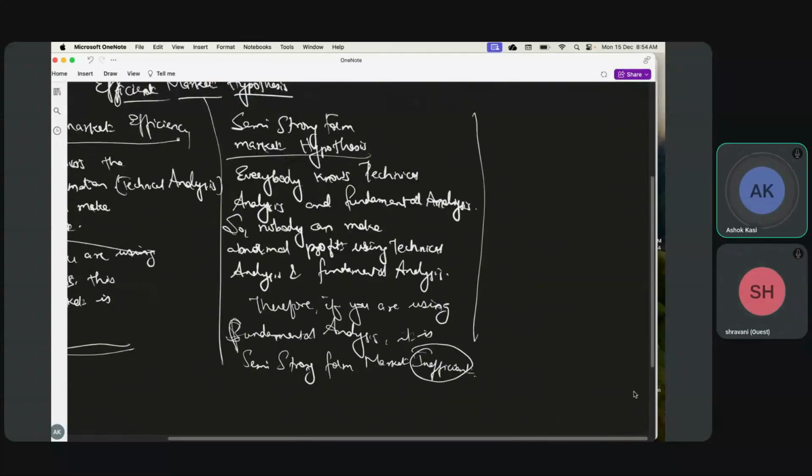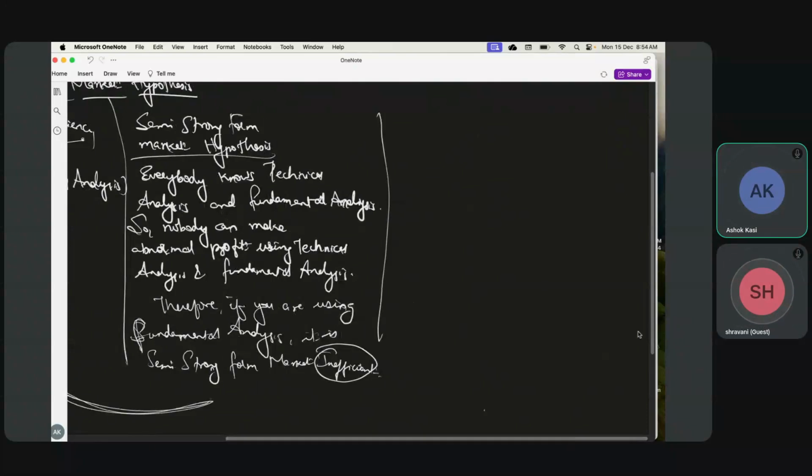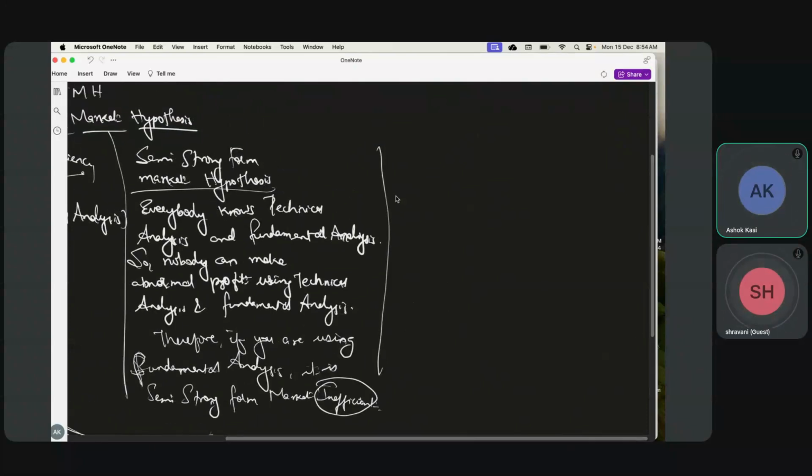Then strong form market efficiency. The question will basically be between these two only, because in strong form it's very clear that nobody can make abnormal profit.